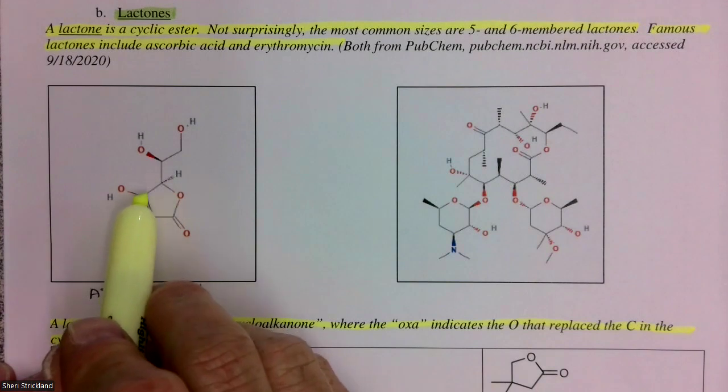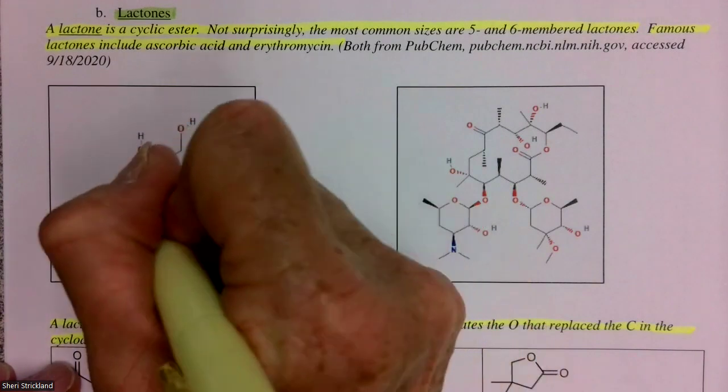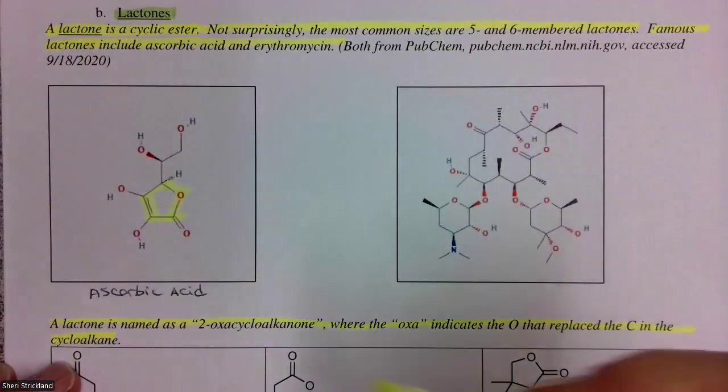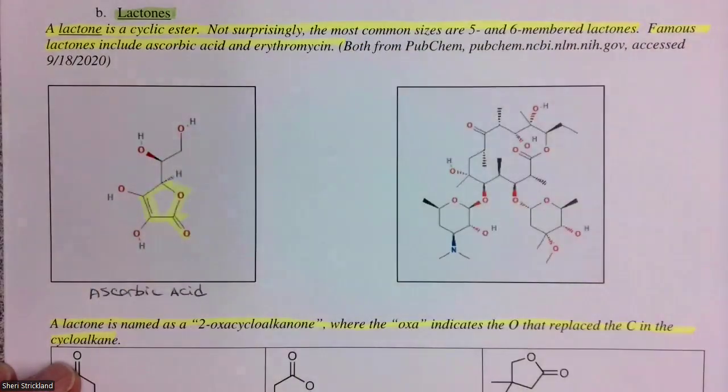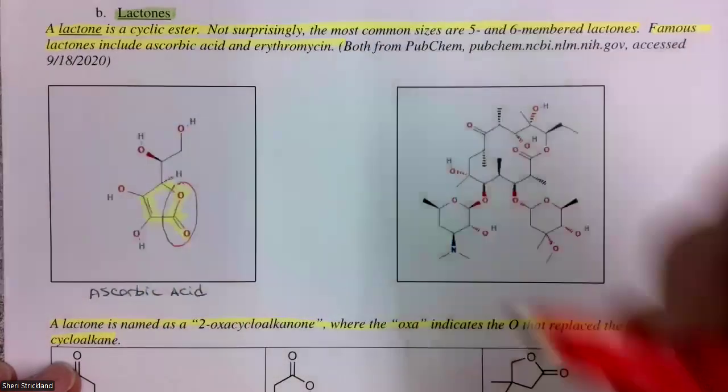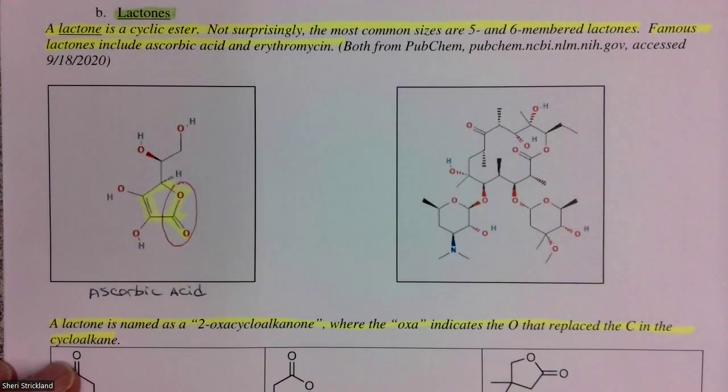See, with these 5 members of the ring, you can see one of them is actually an oxygen and one is a carbonyl carbon. And here is the ester right here. Okay. 5-membered ring, ester here.